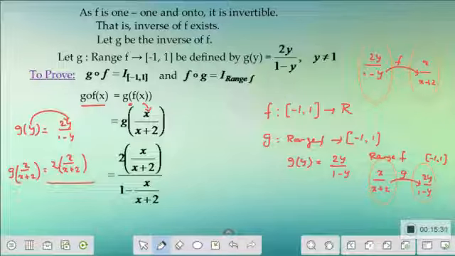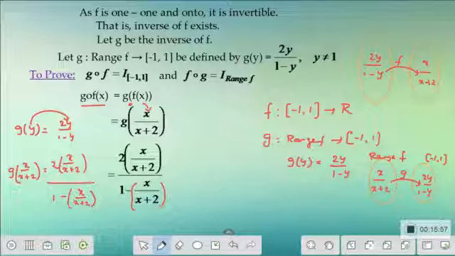The denominator starts with the negative of this input first, so minus of x by x plus 2, and then 1 is added to it. I am putting it at the front. I can even have a bracket here so as not to be confusing with the sign. So g of x by x plus 2 is equal to 2 times x by x plus 2 divided by 1 minus of x by x plus 2.